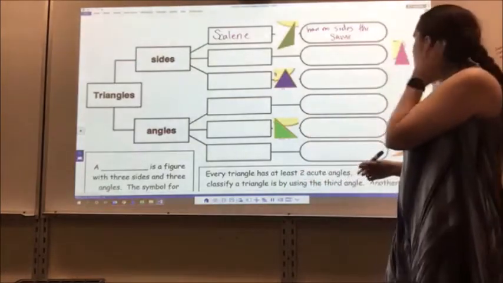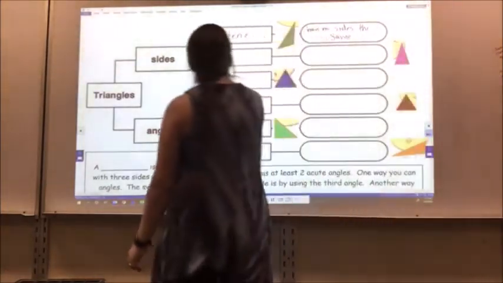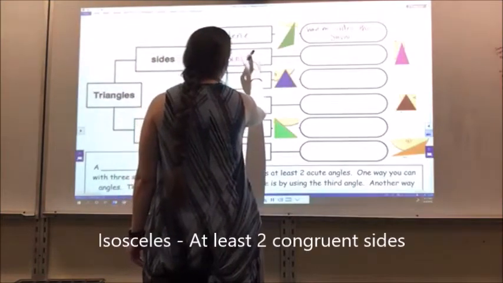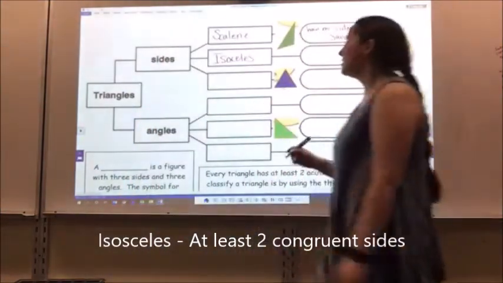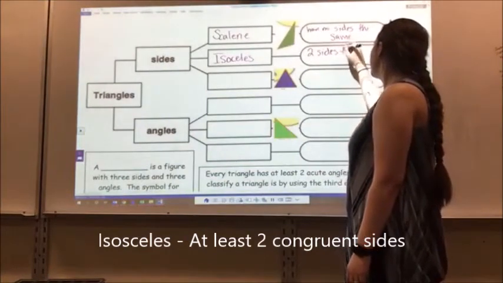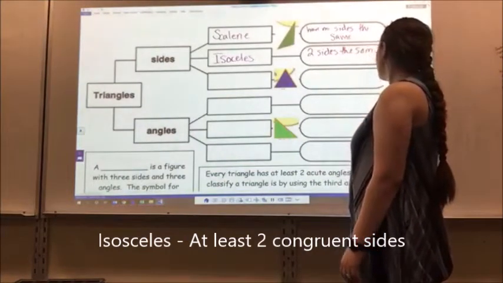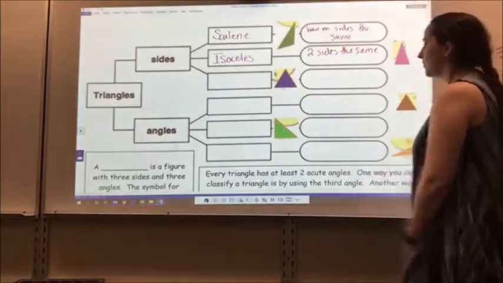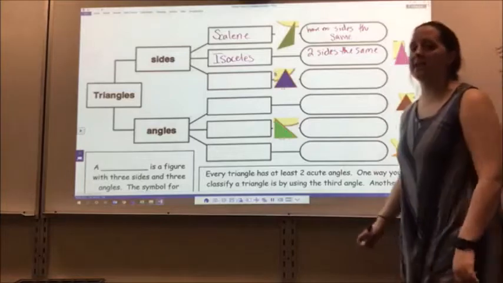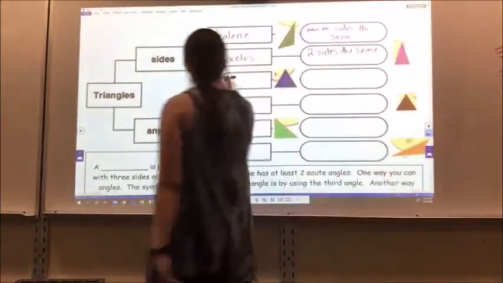The next one I'm going to talk about is an isosceles triangle. Isosceles triangles have 2 sides the same, and then the last type of triangle is an equilateral triangle.